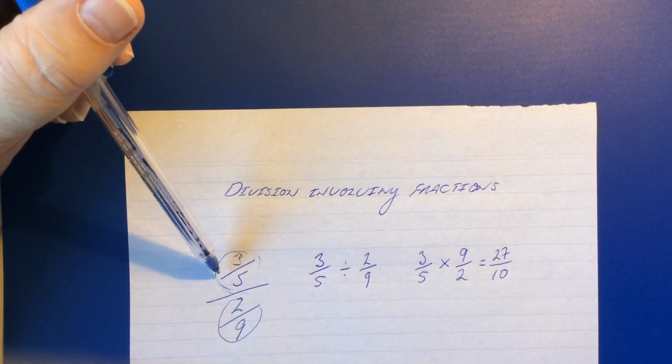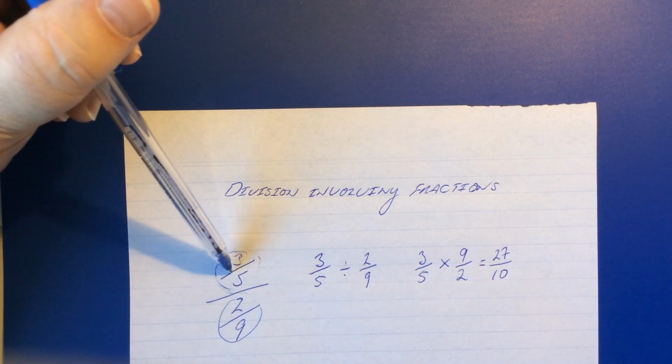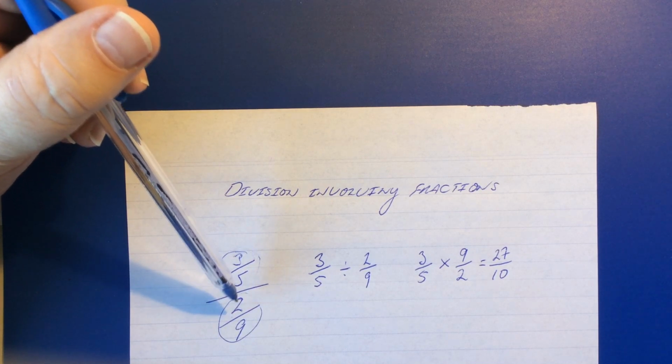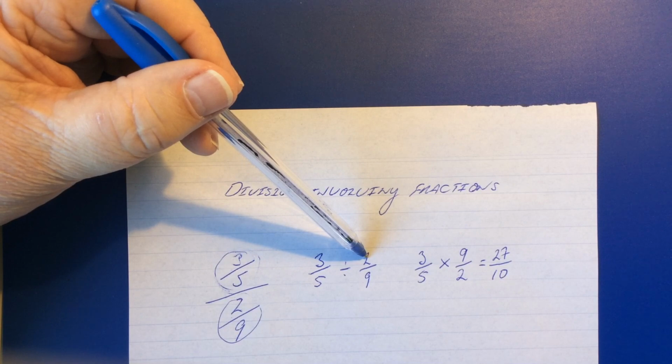Well, the first thing to recognize is that it is 3/5 divided by 2/9. It is a fraction divided by a fraction. And I think it's helpful to write it out in a different way.